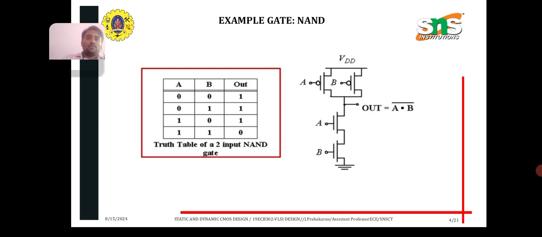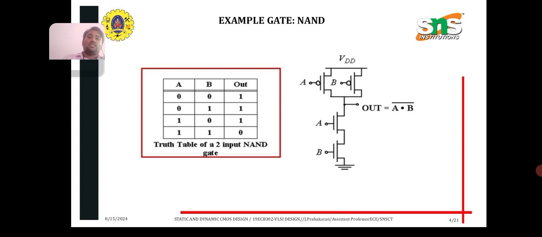Here you can see how the transistors are connected for a two-input CMOS NAND gate. The PMOS transistors are connected in parallel. The sources of both PMOS transistors are connected to the supply. The drains of the PMOS transistors are connected together and to the output Y. The gates of the PMOS transistors are connected to A and B respectively.